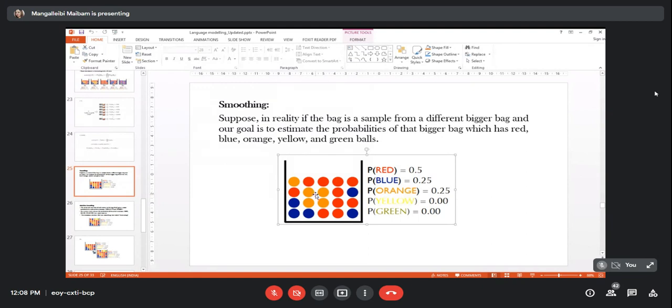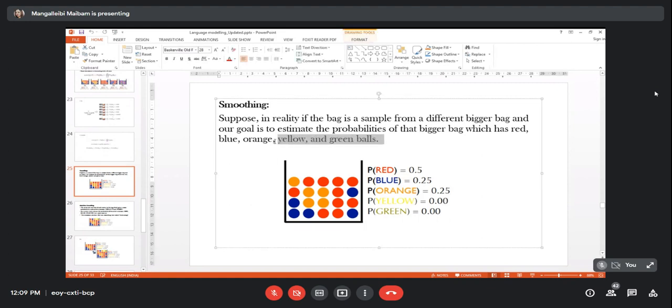But if we are to pick up a yellow ball from the bigger bag, then our probability will be 0, because in this collection we don't see any yellow balls, right? But in our condition, we should have a chance to pick up yellow and green balls. So our probability for green should not be 0.